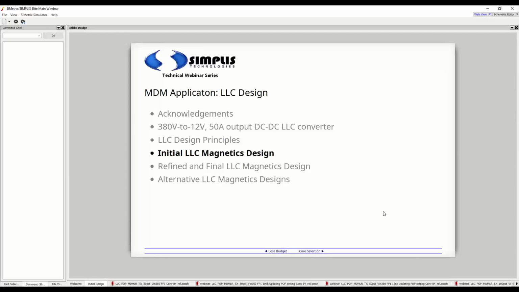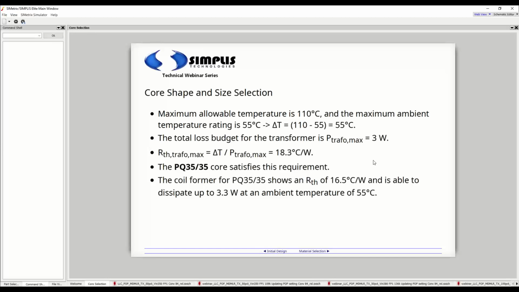So let's take a look at how this initial magnetics design for the LLC was derived. The spec said that the maximum allowable temperature is 110 degrees and the maximum ambient temperature rating is 55 degrees. So that gives us a delta T of 55 degrees as well.